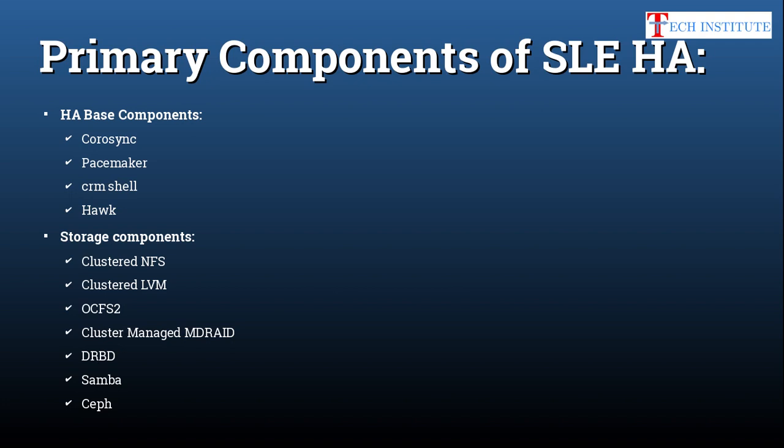Just to give you a brief idea, clustered NFS means you have an NFS export that is available to all the cluster nodes, but whoever is active will mount it. Similarly, clustered LVM is the same thing, only this LVM is cluster aware and managed by the cluster. OCFS2 is for a shared file system. So the same disk or same LUN will be mounted on all the nodes, and it will be formatted with OCFS2 so that all the nodes can simultaneously write to or read from that file system.